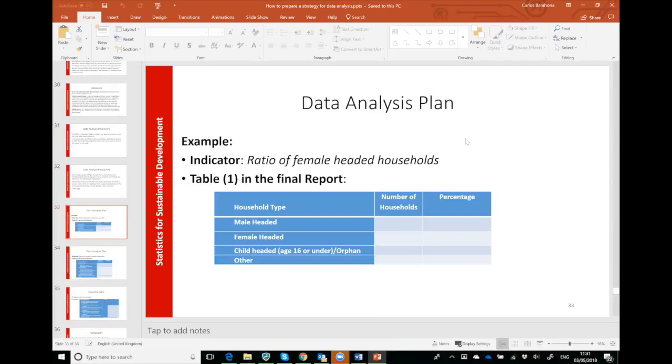So the table of percentage of male-headed, female-headed, and child-headed needs to be assessed in terms of the value that it adds to the information that we want. So we might not want to produce this table. We might want to have these categories where we compare male, female, and child-headed with others, because we have a hypothesis that male-headed households have advantages in reaching markets over female-headed and child-headed households, and therefore that information product is useful.